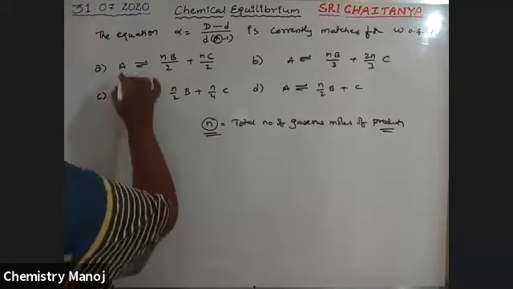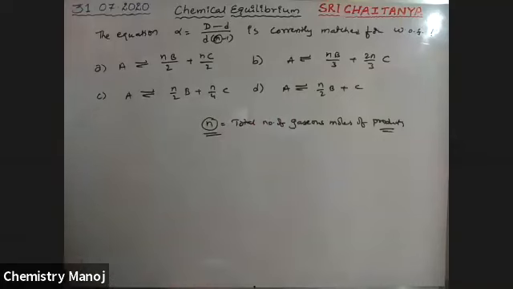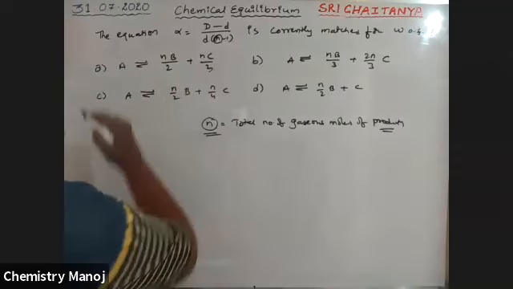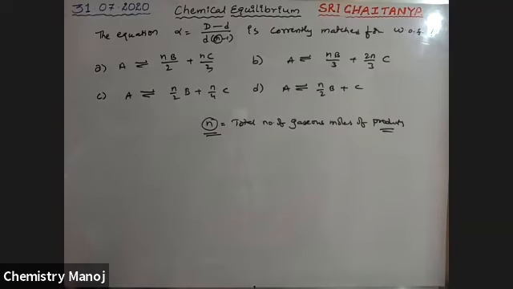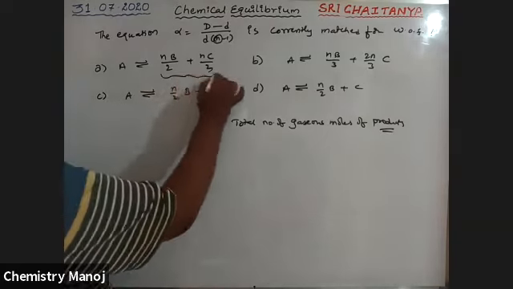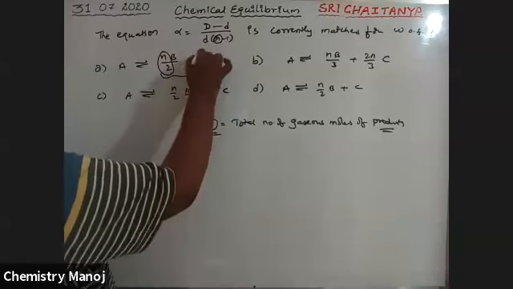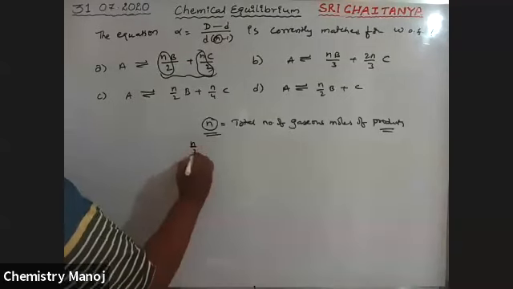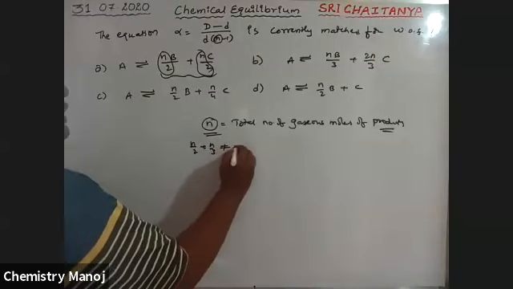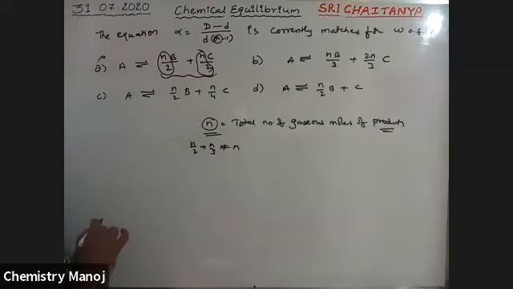We consider all these are gases, my dear boys. All the given conditions are gases. So see here, these are the products. It is n by 2 and n by 3. n by 2 plus n by 3 is not equal to n. That's why it is not applicable.